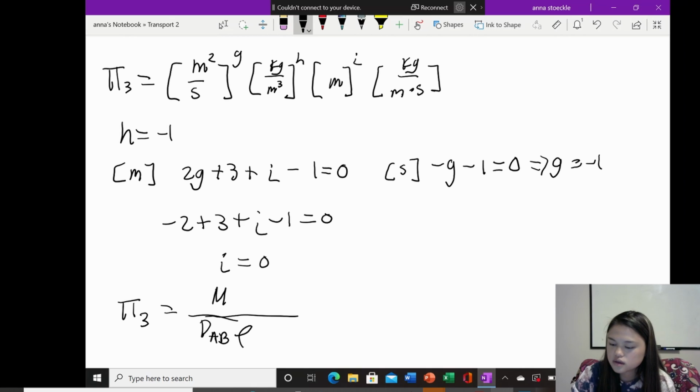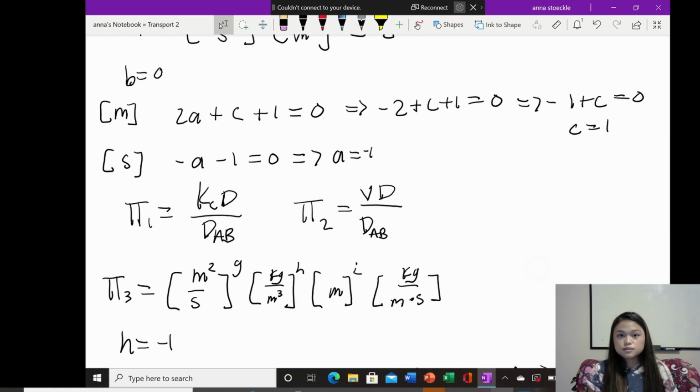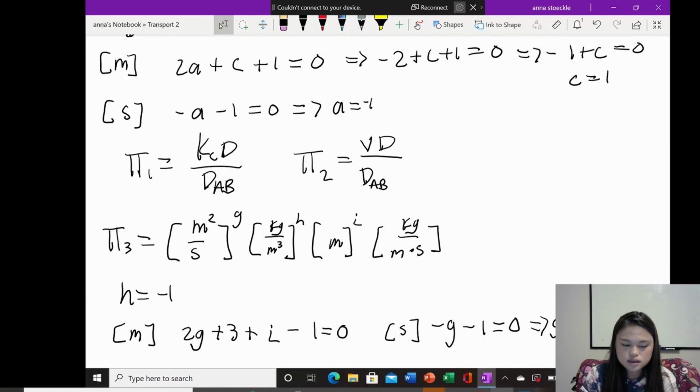So now let's look at the units again for each of these pi groups and try and relate it back to some known dimensionless groups. Looking at this pi 1, we can see just by definition, we know that it resembles or is the Sherwood number.